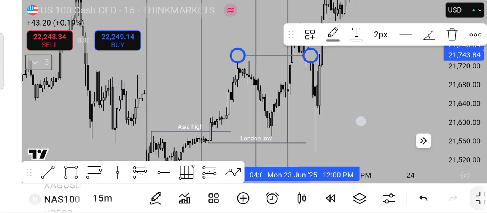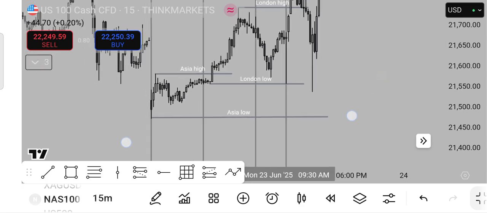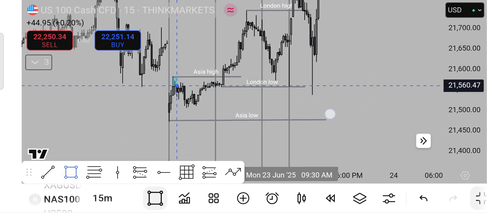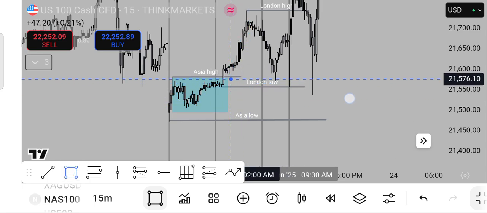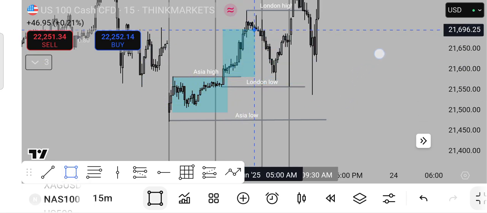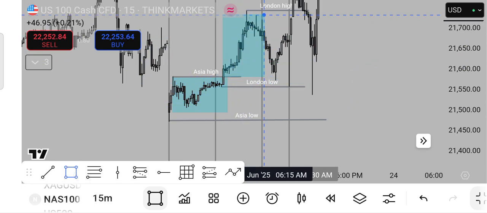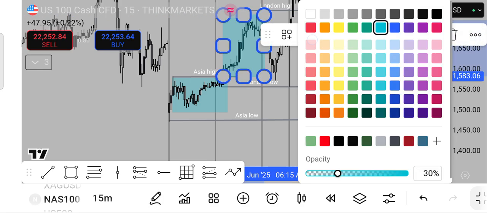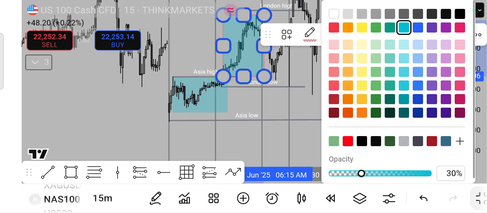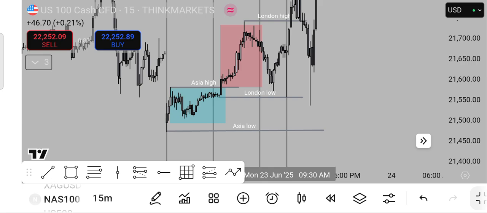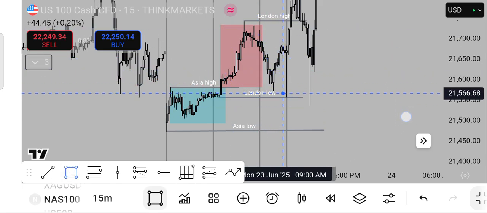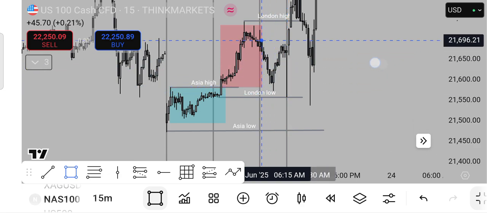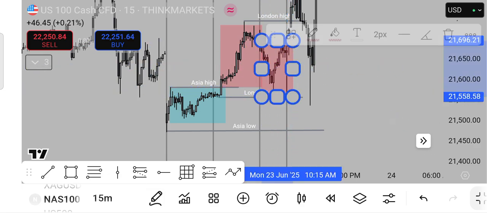Okay, so first the market accumulates here, and then the market manipulates here in London session, and then before the open it again takes some liquidity.